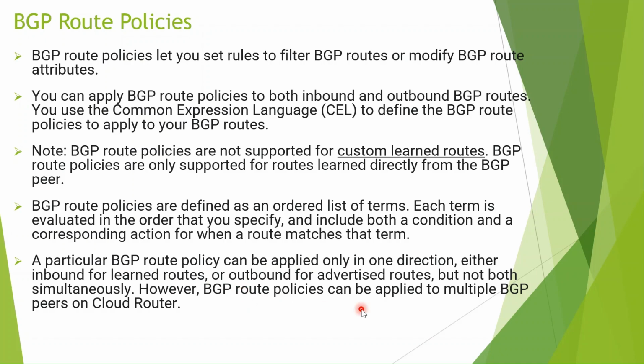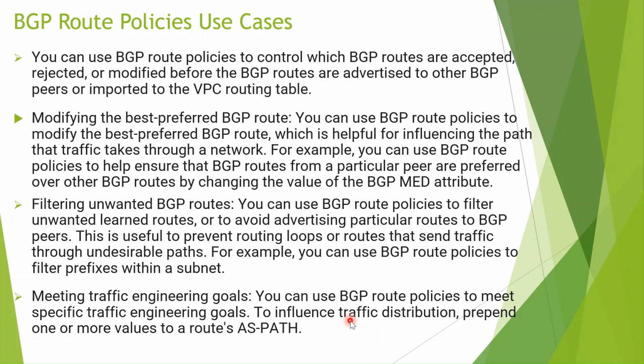We cannot use both simultaneously: for inbound we have to create an import policy, and for outbound we have to create an export policy. But BGP route policies can be applied to multiple BGP peers on the Cloud Router. That is the main thing. You don't have to create a different policy for each peer; you can use the same policy for multiple BGP peers.